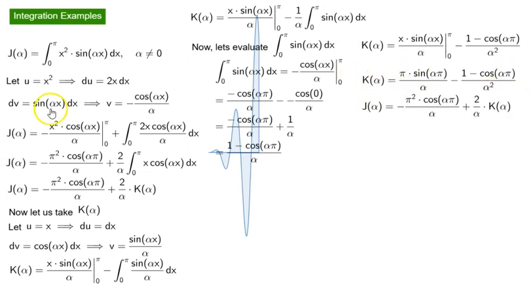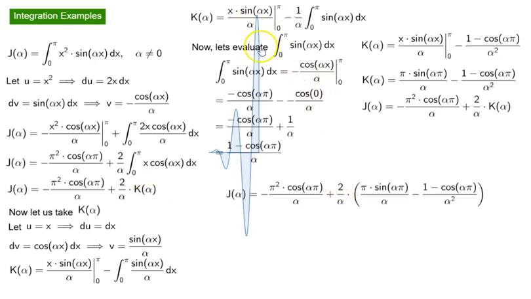Now K of alpha we substitute back into J of alpha. So J of alpha is equal to minus pi squared times cos alpha pi by alpha, plus 2 by alpha times K of alpha. K of alpha is pi times sine alpha pi by alpha minus 1 minus cos alpha pi by alpha squared.